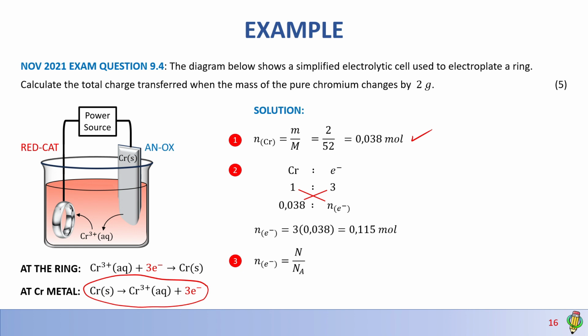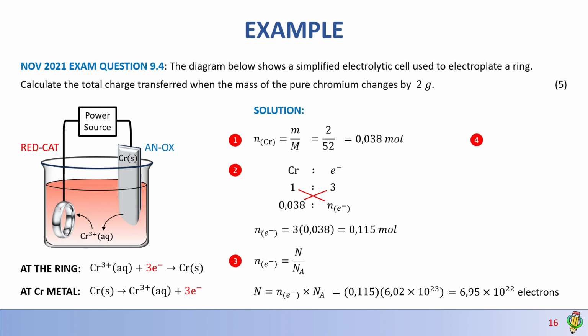And we call that Avogadro's number in chemistry application. So we can rewrite the equation this way to find the number of electrons transferred. Substituting, we get 0.115, which is the number of moles of electrons, multiplied by the Avogadro's number. Then we get 6.95 times 10 to the power 22 electrons, which are transferred.